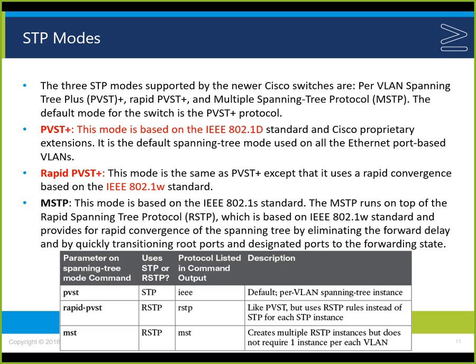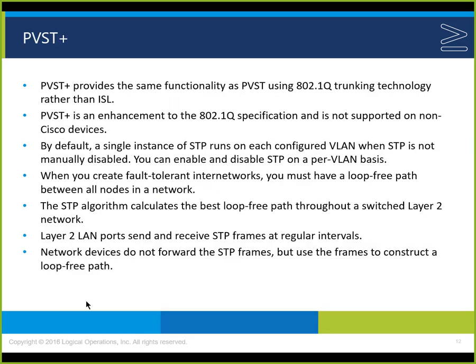So instead of having an instance for each of the VLANs, we have multiple VLANs associated with an instance. This reduces the calculation cost for the switches themselves, as well as the number of topology changes you're going to see, the number of recalculations that have to take place in the VLAN.